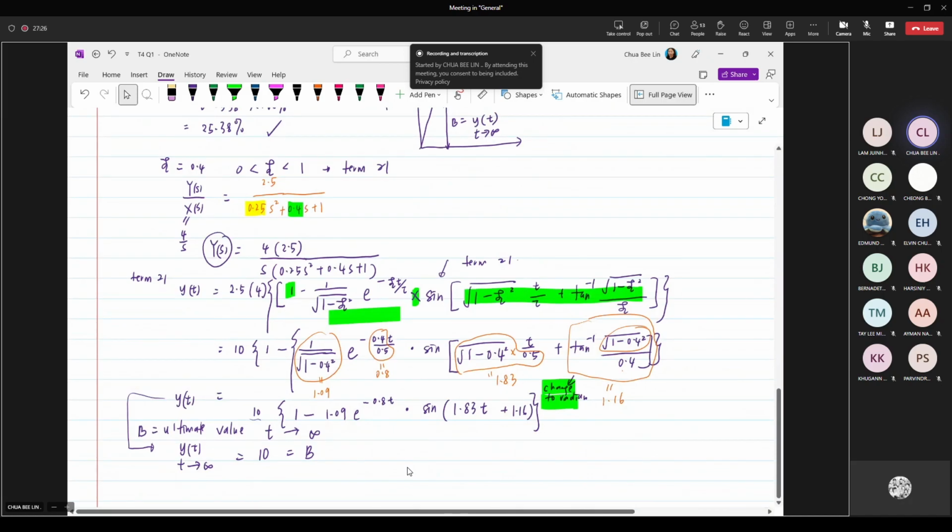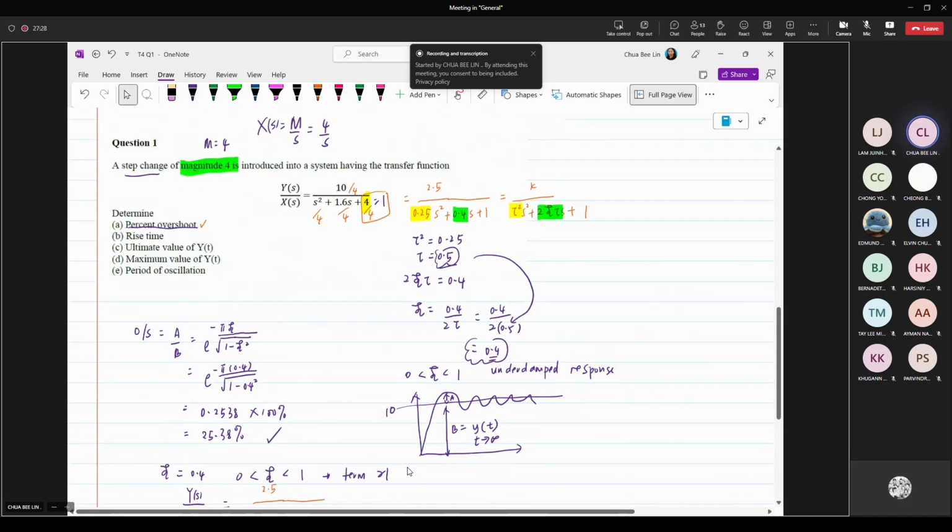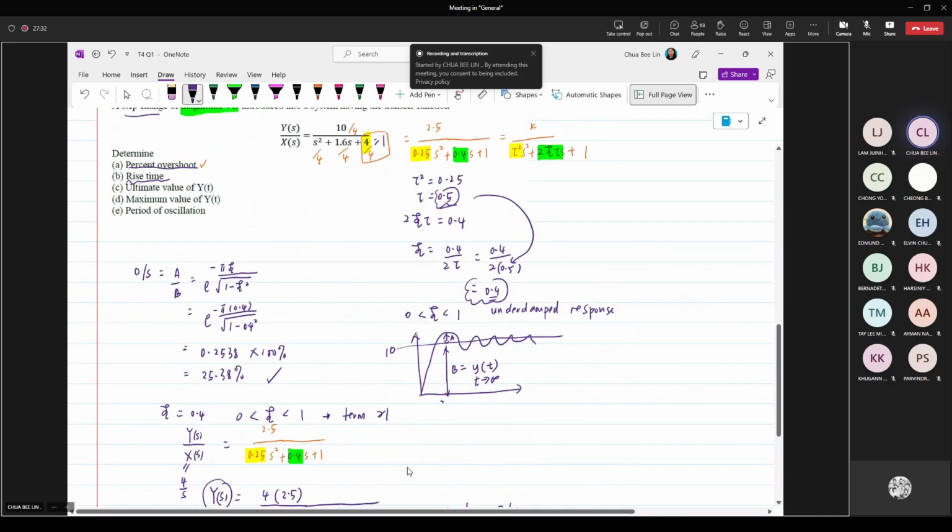Okay, so the question they asked here is rise time. So rise time is here. Rise time is this dot. Go down, t rise. So the YT at t rise, the value will be exactly the B. So it is 10. Now you want to calculate what is the time taken to reach the value of 10.